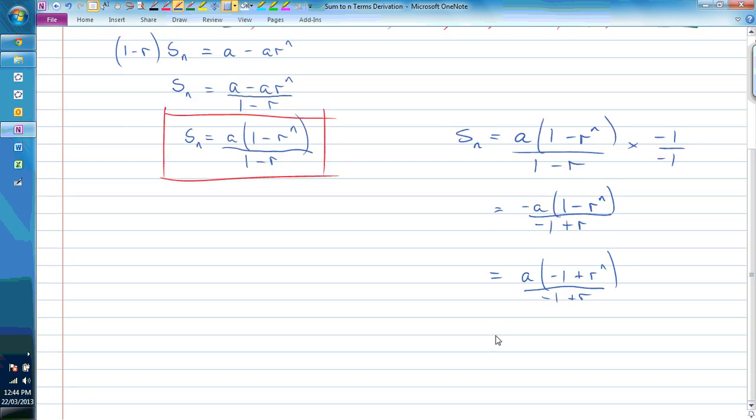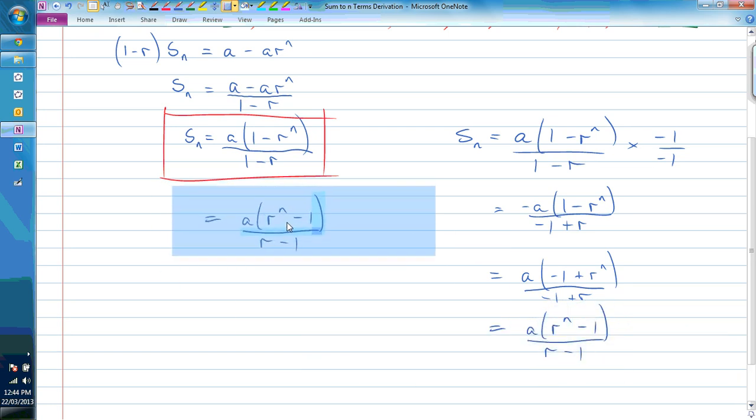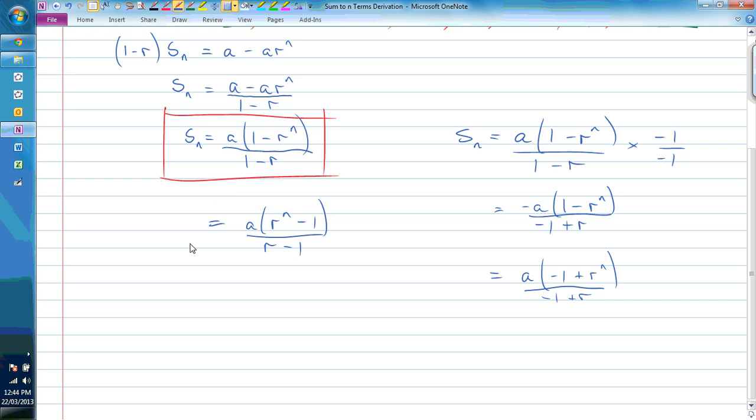And then to tidy up, we can just swap the order of these two terms. And you can see here, that result there is exactly the same as the one we had before. The only difference is that these two are swapped around. And you can use either form.